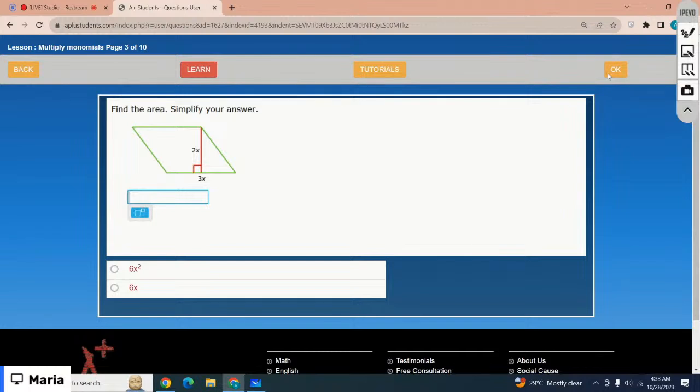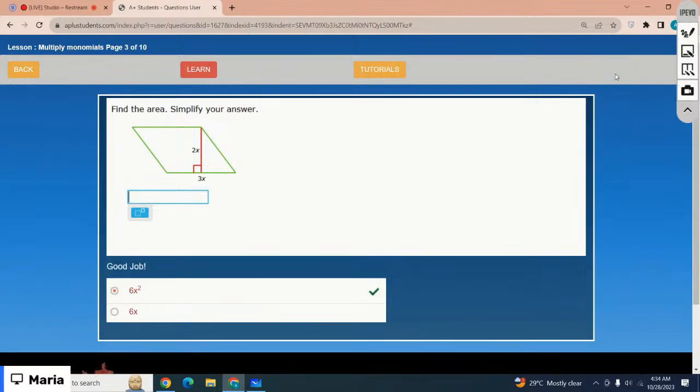That would be base times height, right? So 3x times 2x equals, yes, that is 6x square. The correct option is 6x square.